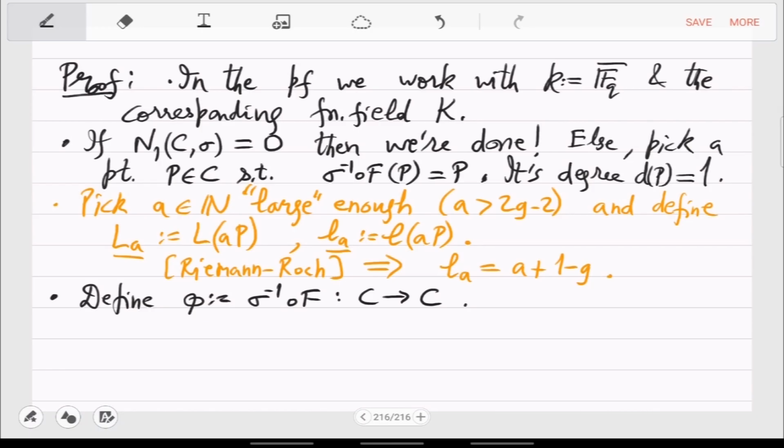And to make sense of this, we need to go to FQ bar, because Frobenius is fine, but there is also this sigma, which is sending conjugates. Conjugates will not be in FQ; they will be higher above. But you are right that going to a sufficiently big degree will still be enough.